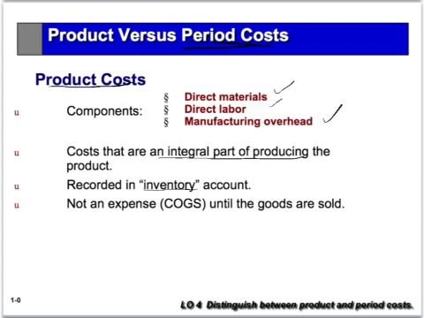To produce, for example, our desk, that's my product, we have the three cost categories. These costs produce the finished goods, that is, the good that would be sold to the customer, the desk. And only when they are sold do they become an expense called the cost of goods sold. Until that time, till sales, they are not an expense.